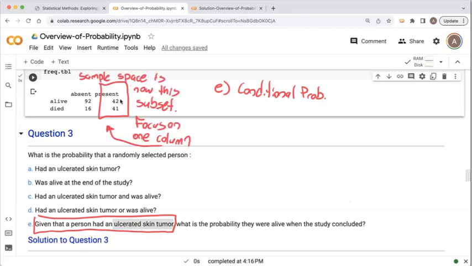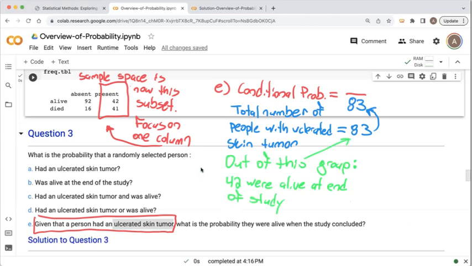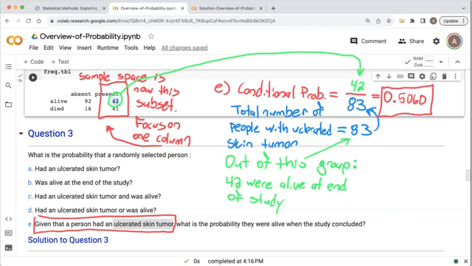So now we're saying out of these 83 people, so our denominator has changed from all 191 to just the 83 people in the second column that had an ulcerated skin tumor. So out of those 83 people, how many of them were also alive at the end of the study? And that's 42. So we take this 42 and we divide by 83, and that gives us a proportion of 0.506.